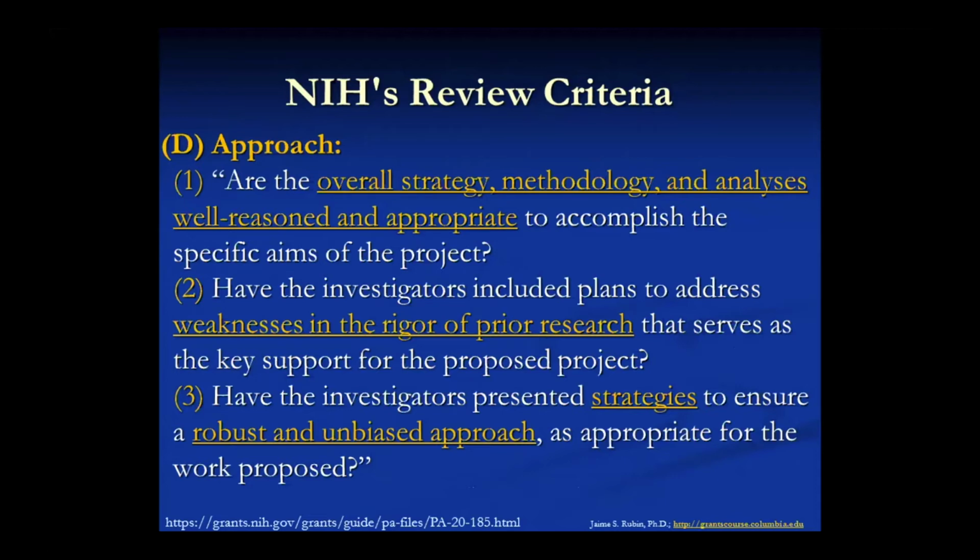And as I mentioned about NIH's emphasis on rigor, reproducibility, and transparency, identify what the weaknesses of the rigor are in the prior research or the foundation that you're building your research on, and how you are going to address or mitigate this weakness. And then in terms of the research that you're proposing, demonstrate that it's robust and it will lead to an unbiased approach.